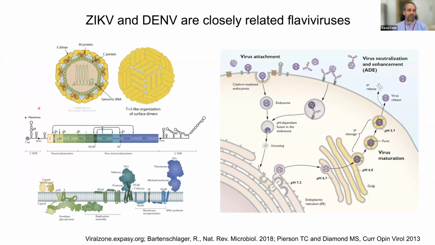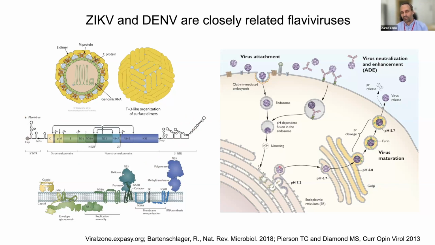Both viruses produce a 5' capped positive sense single-stranded RNA with no polyadenylation, just a secondary structure at the end to terminate and prevent degradation. That capped RNA basically acts as a messenger RNA and can be directly translated into a polyprotein that is then cleaved by proteases to form 10 proteins, 3 structural and 7 non-structural proteins.